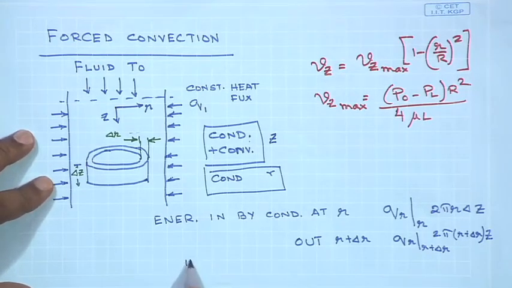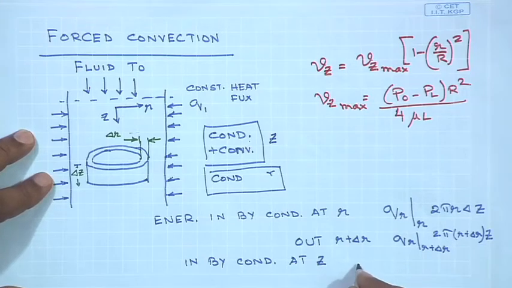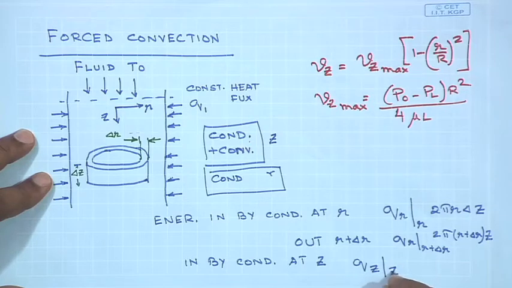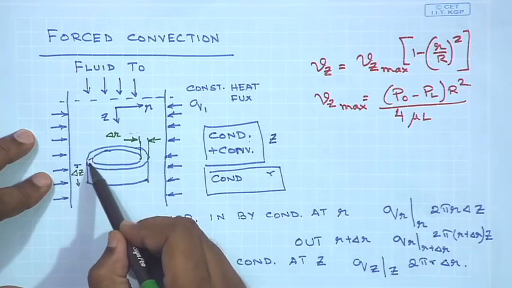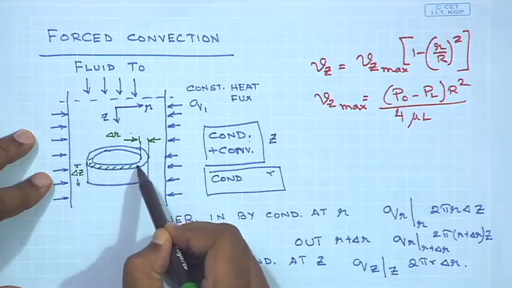Similarly, in by conduction at z would be equal to qz evaluated at z multiplied by twice pi r times delta r. Twice pi r times delta r is essentially the top annular area.